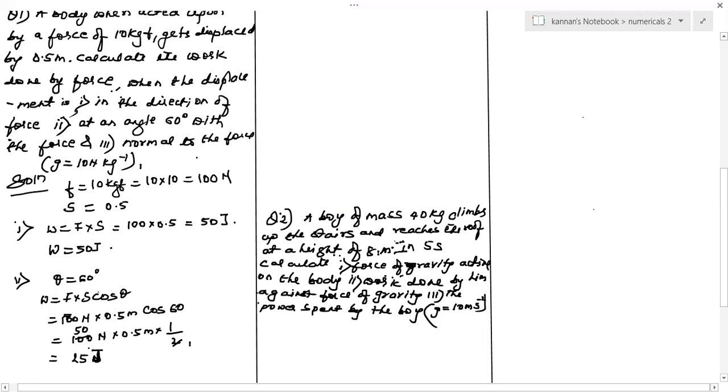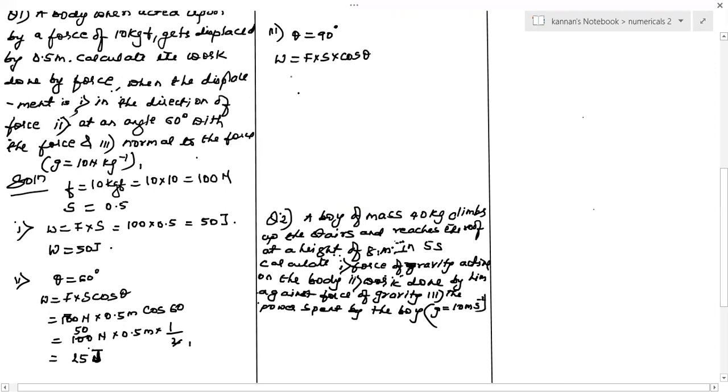Got it? 25 joules. And what is the third part of the question? When I look at the third part, theta is equal to 90 degree. So W is equal to F into S into cos theta.